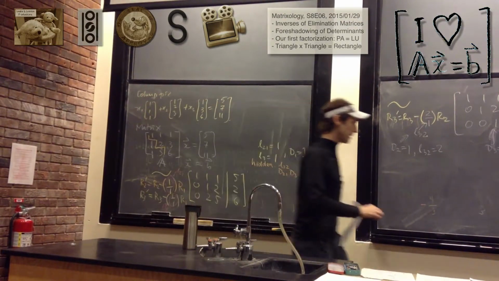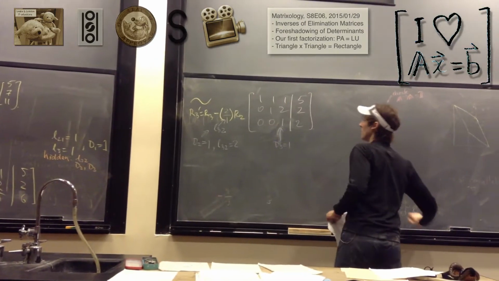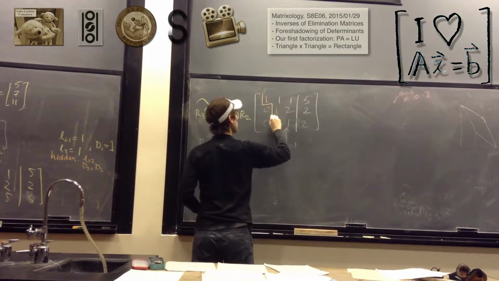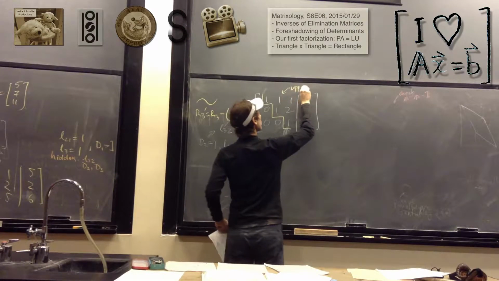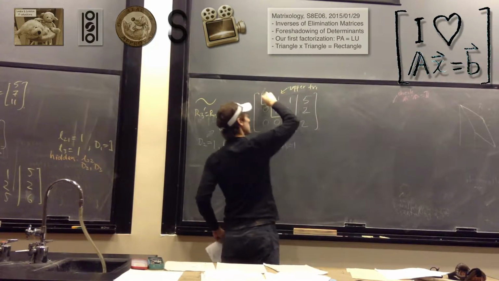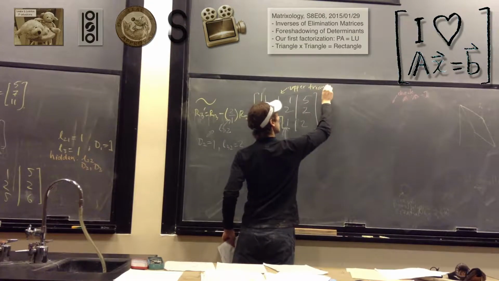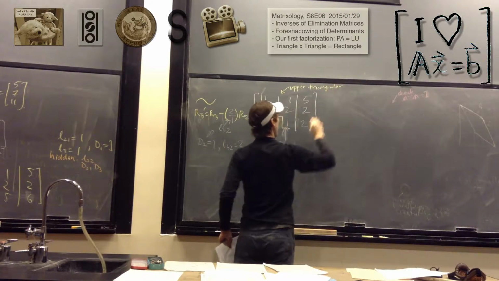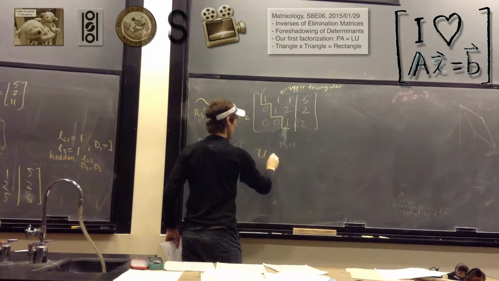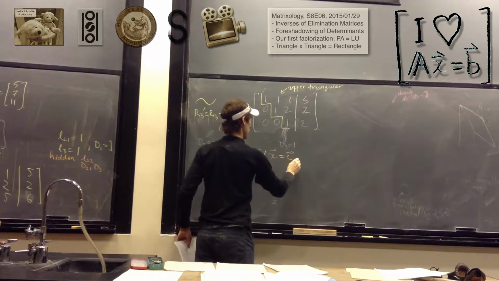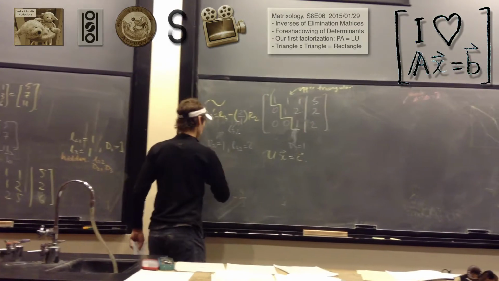And we've got U. So this is upper triangular. It's got zeros below the main diagonal. And we called this whole system U, X equals C.